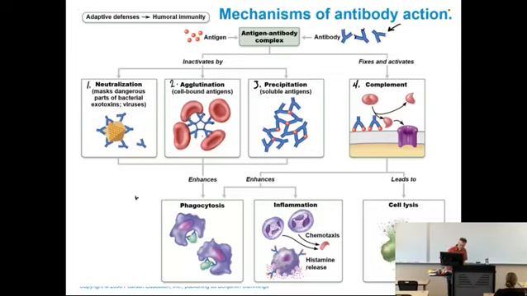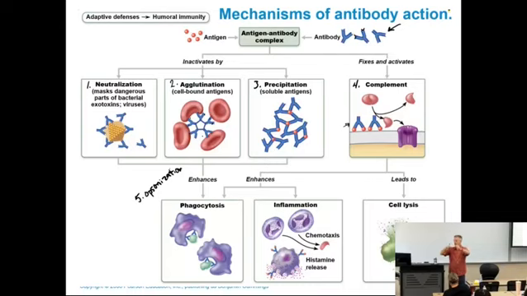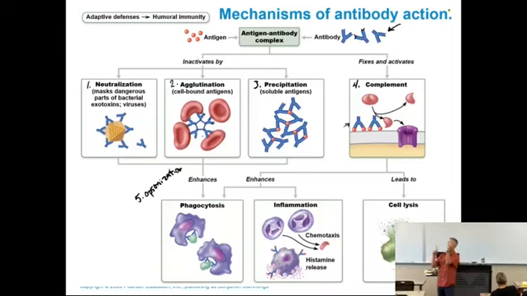A fifth way is they do opsonization. So opsonization is when they're sticking, like you see kind of maybe over here, when they're sticking off of a particular pathogen, they act like little flags, right? They flag that pathogen, and now our phagocyte, as it's cruising around trying to find things to eat, it sees all these flags sticking off, making it much more obvious, and those antibodies work as little grips or handholds that it can reach out with its pseudopods, grab onto, and it's more easily able to ingest it and phagocytize it.